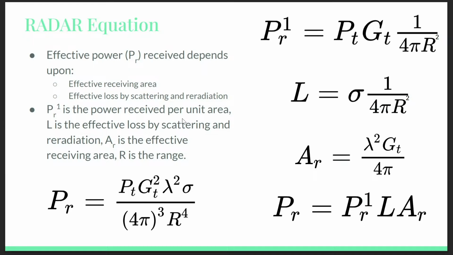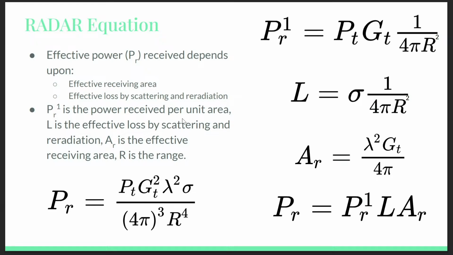Let us see, how do I explain this? I think we can skip this first term, because it is essentially telling you how much is the transmitted power per unit area.